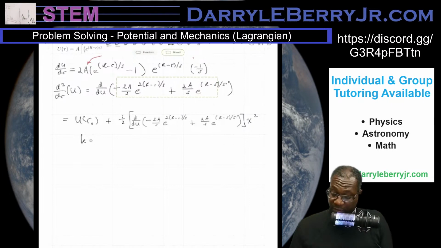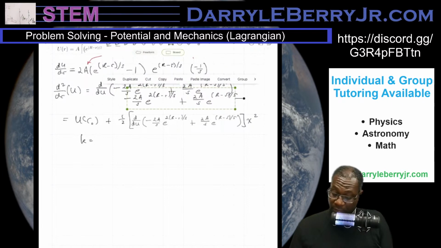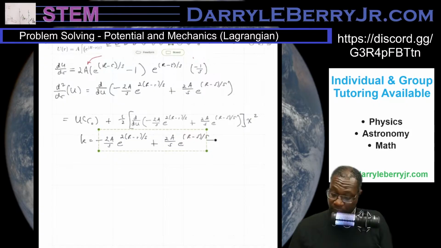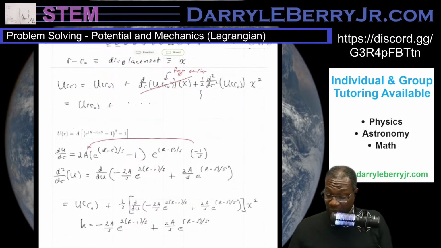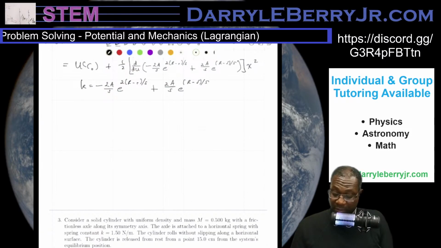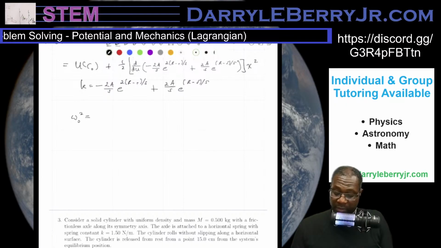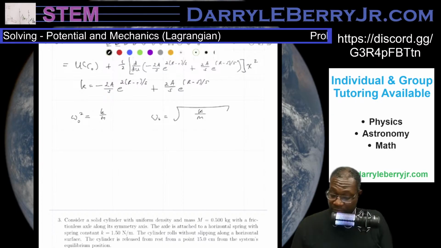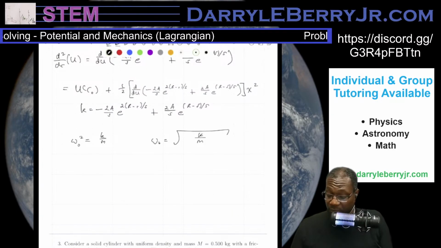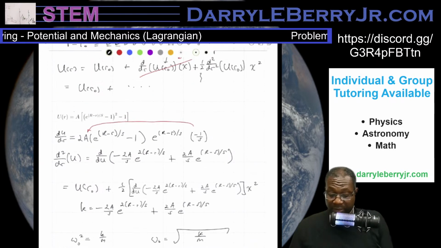A equals this. That matches what they told us to get, and omega naught squared equals k over m. So omega naught equals square root of k over m. I think that is sufficient.